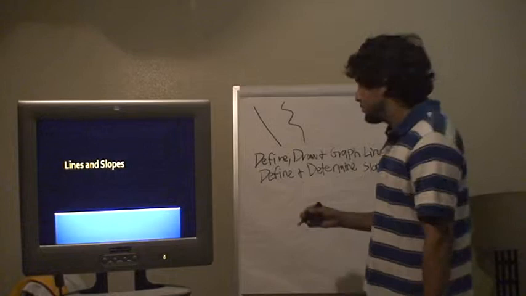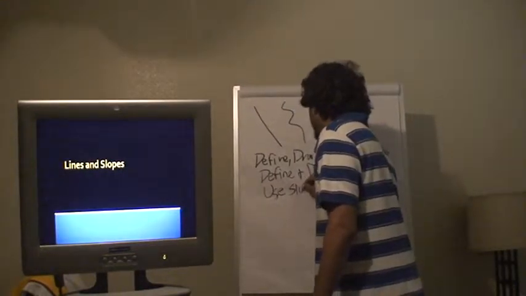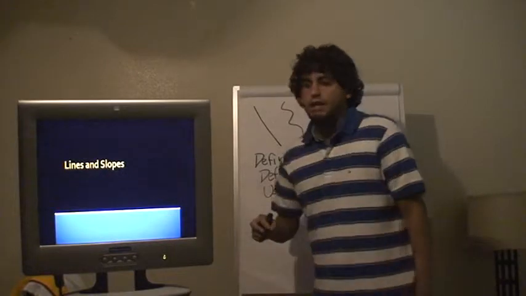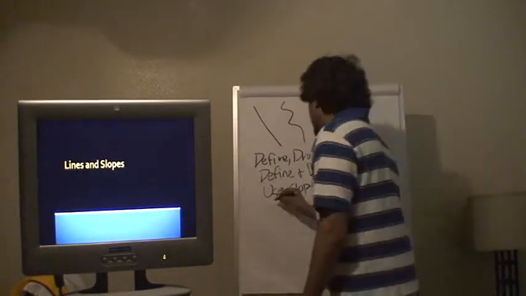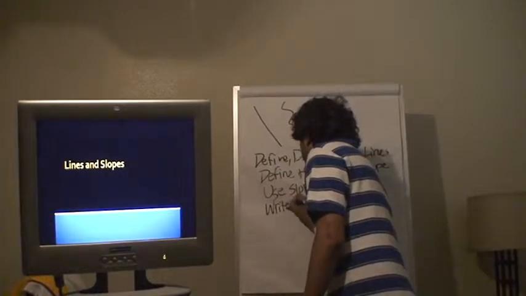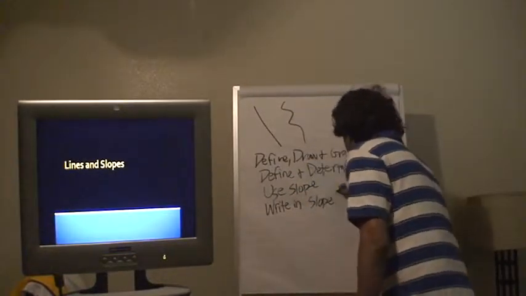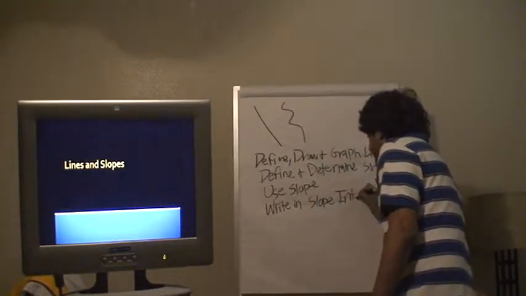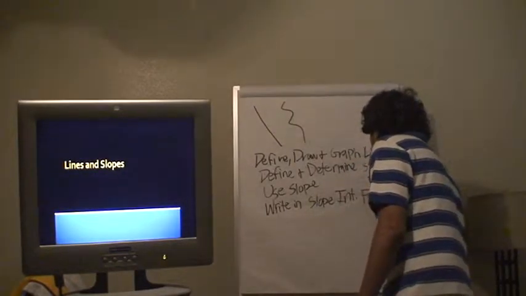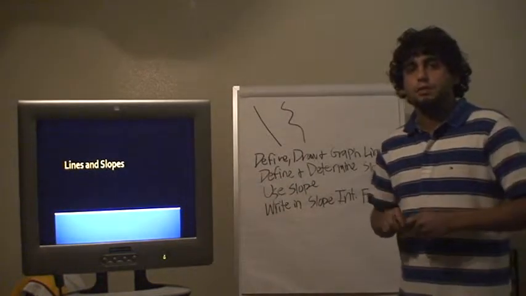We're going to learn how to use slope. And we're going to learn how to write in slope-intercept form. I'm going to abbreviate here. Okay, so those are going to be our objectives for the next couple of days.